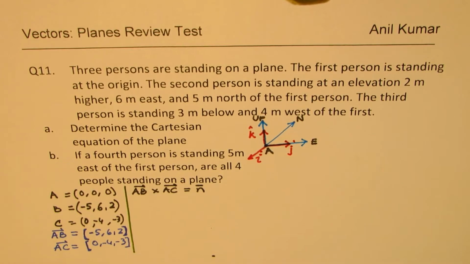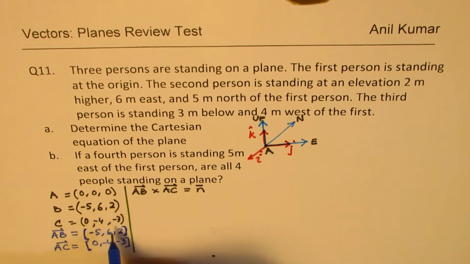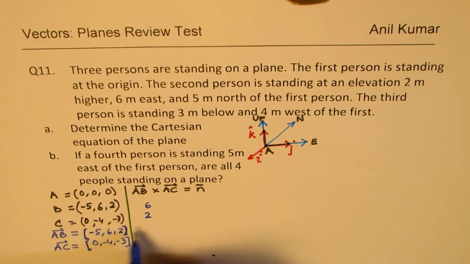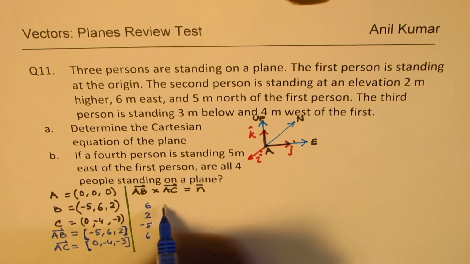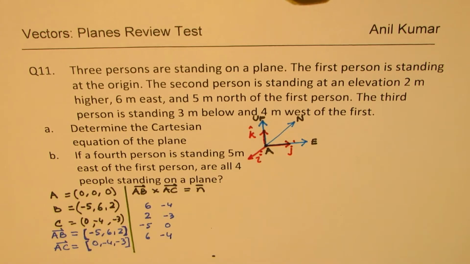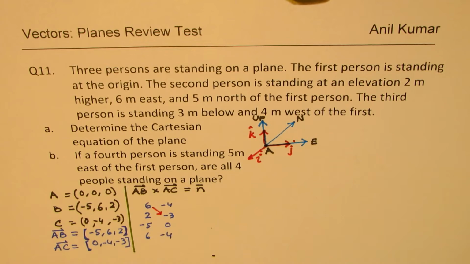So to find the cross product of minus 5, 6, 2, one way is we can find the matrix determinant and do it. The other way is we can write this as 6, 2, minus 5, and then again 6. This is for AB. And then we have here 0, minus 4, minus 3, and 0, minus 4. Then we can just get all the coefficients by taking these as positives and the other ones on the other side as negatives, correct?